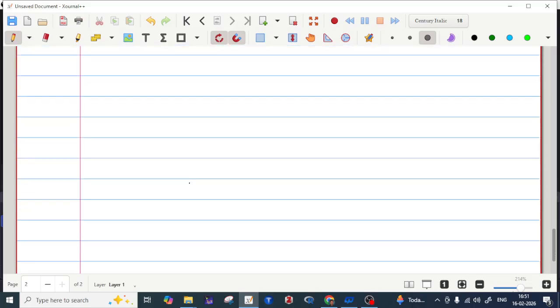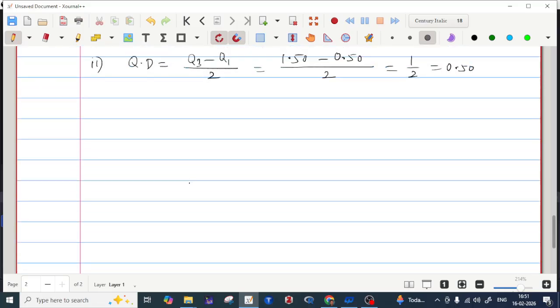Okay. Now, the next concept is mode. In FYBSC, we learned that for discrete data, mode is that value of x for which the observation is repeated the maximum number of times, that is, the observation which has the maximum frequency.